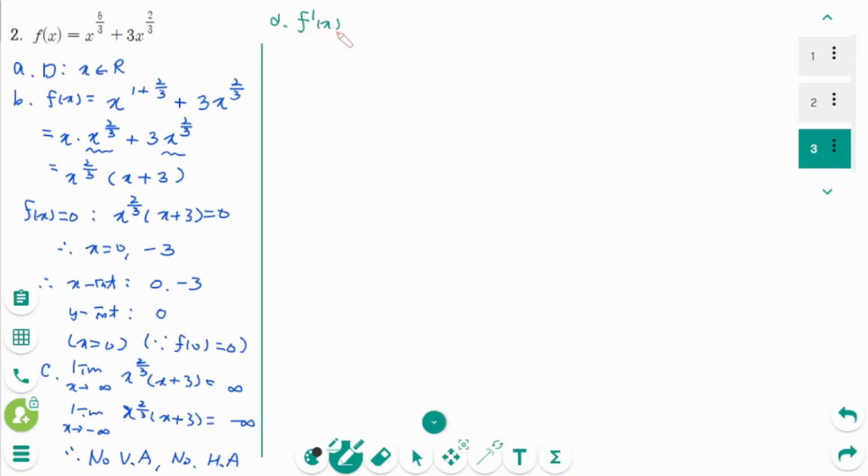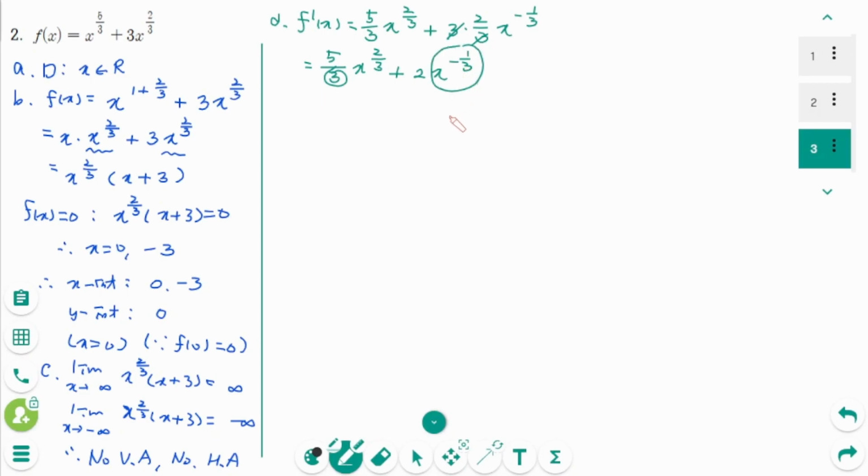f prime of x equals 5 over 3 x to the power of 2 over 3, plus 3 times 2 over 3 x to the power of minus 1 over 3. We can rewrite as 5 over 3 x to the power of 2 over 3, plus the 3 is cancelled, 2 times x to the power of minus 1 over 3. There is a common factor, which is 1 over 3 times x to the power of minus 1 over 3.